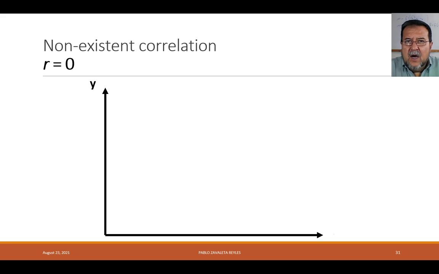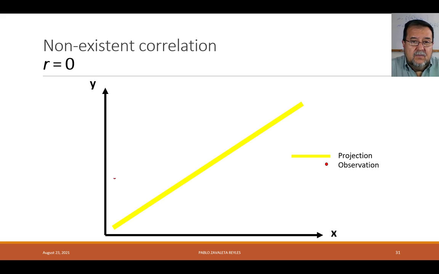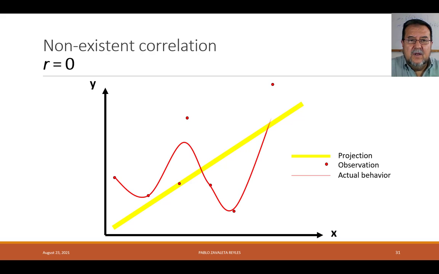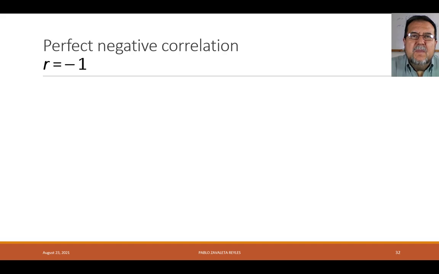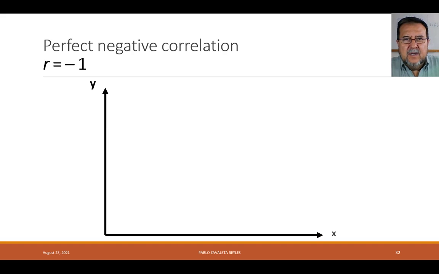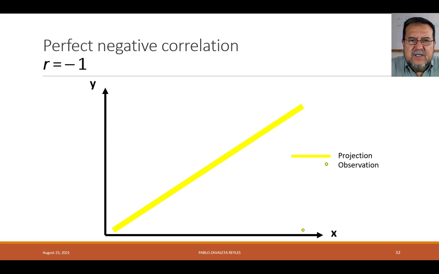When we have an R of 0, our observations are all over the graph, but there's no correlation with what we projected. And with -1, it helps us a lot, because even though the behavior is completely negative, it is exactly completely negative. So we know what is going on.